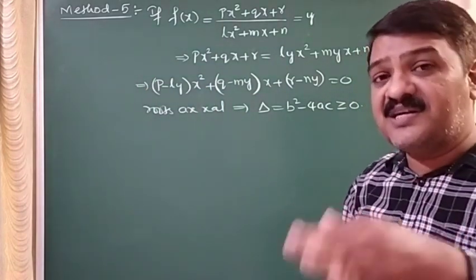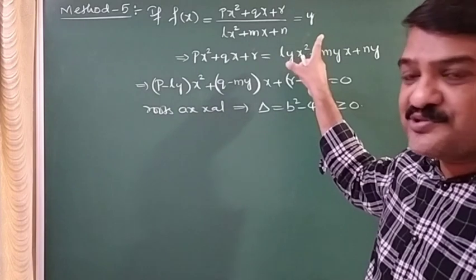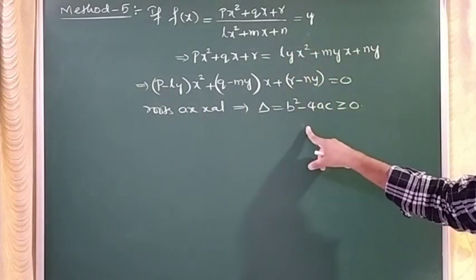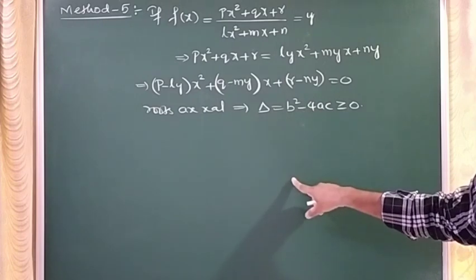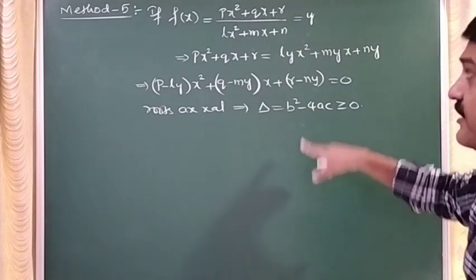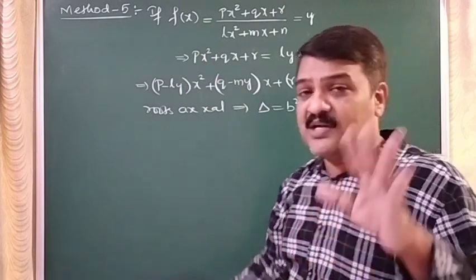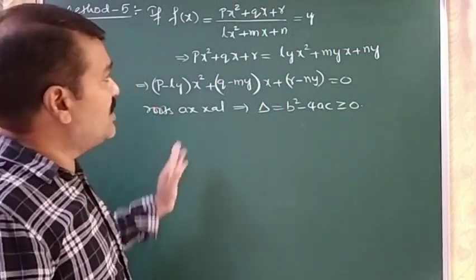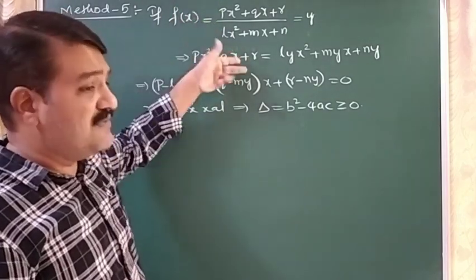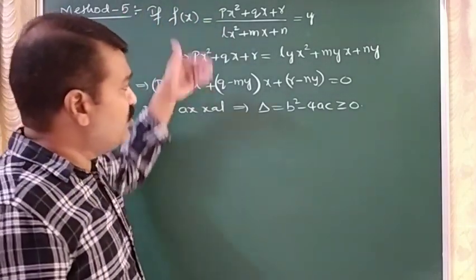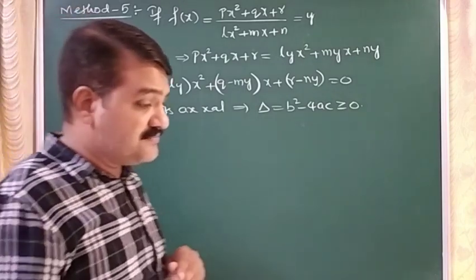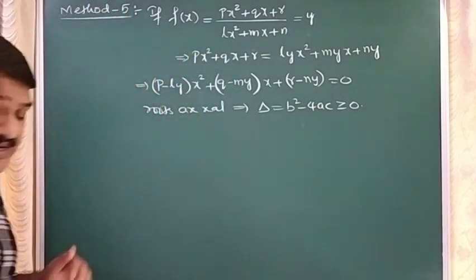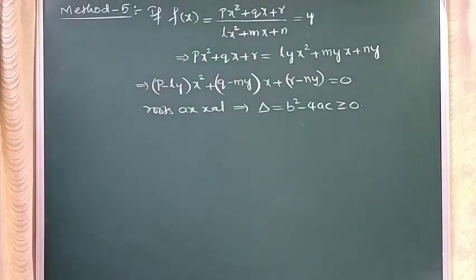Range is nothing but function values or y values. So this is the procedure whenever you have a rational function where numerator and denominator are both of degree 2.